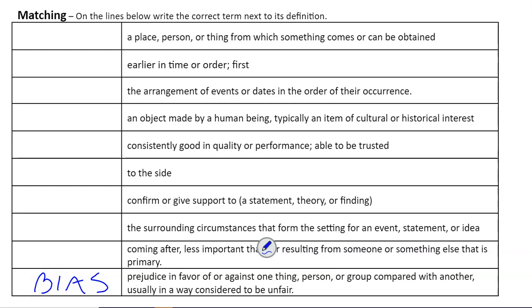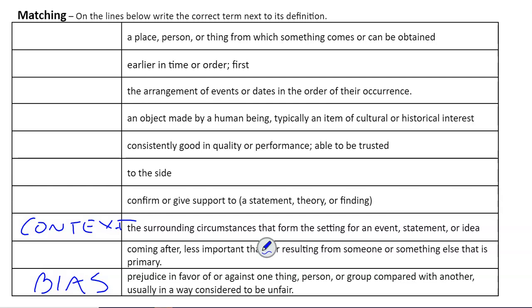The first sentence was context, and we know that we used some of the clues like surrounding or situation or to know what happened. So if I were to read through all of these definitions, I'm going to find that this one right here, the surrounding circumstances that form the setting for an event, statement, or idea, sounds similar to the clues that I underlined.